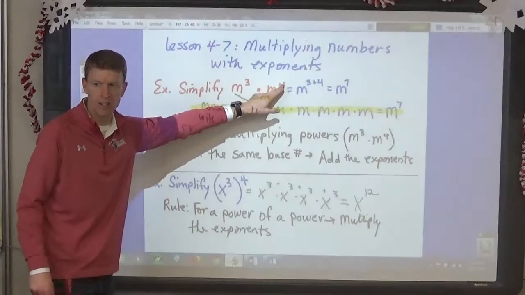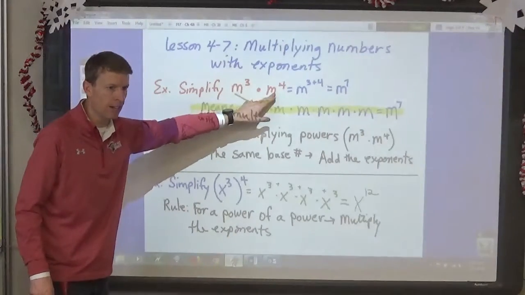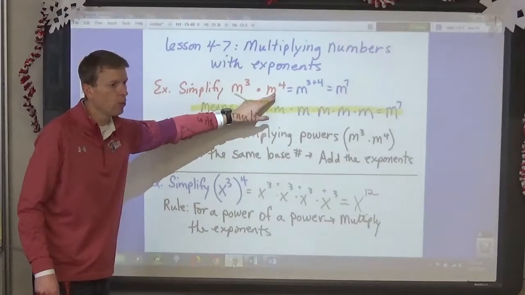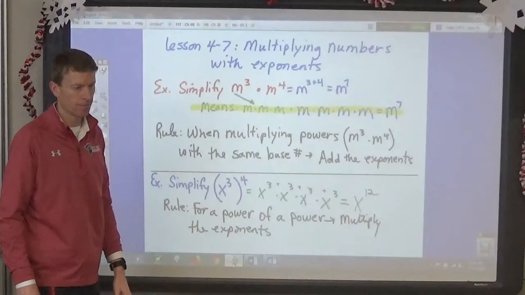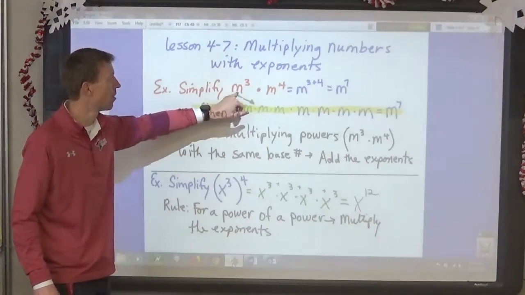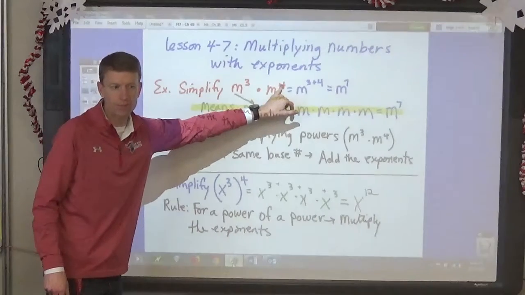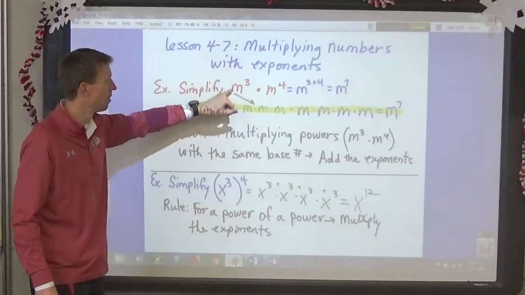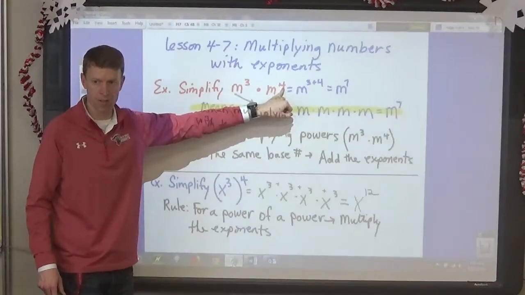That's the first thing you need to look for, that they're the same letter. This only works when the base is the same. So it doesn't have to be M, it could be 5 to the third times 5 to the fourth, or 10 to the third times 10 to the fourth.